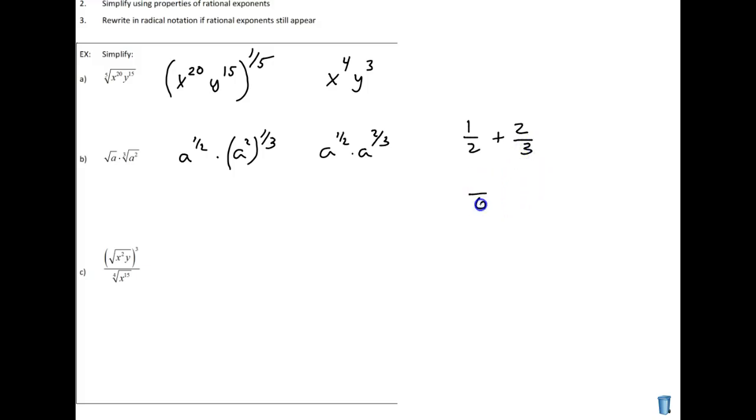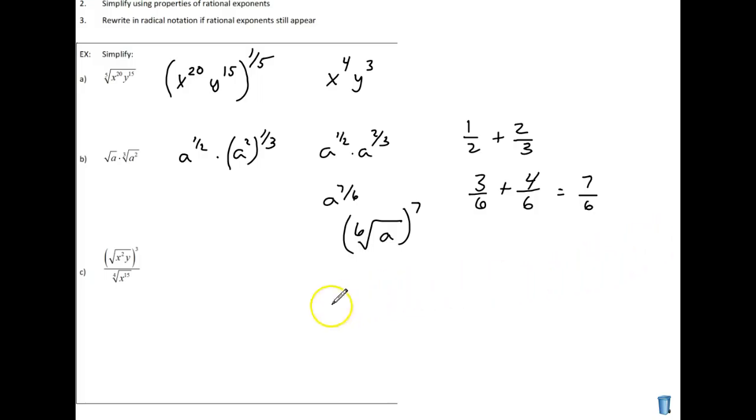So again, I think our LCD here is 6. So that becomes 4/6 plus 3/6, which is 7/6. And so what I have is a to the 7/6, which is the 6th root of a, all raised to the 7th power.